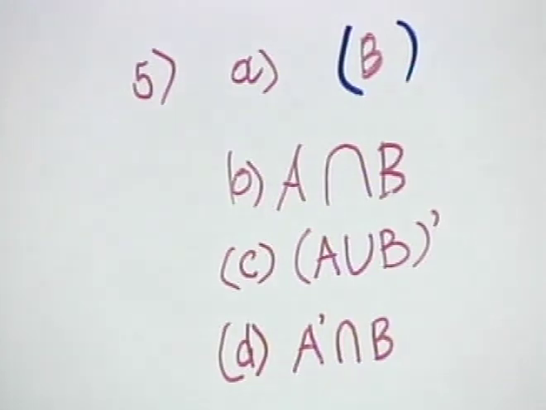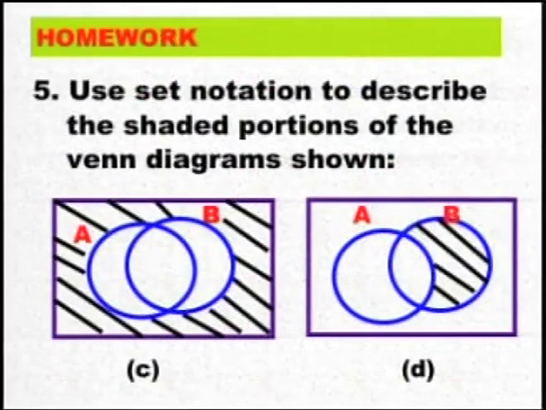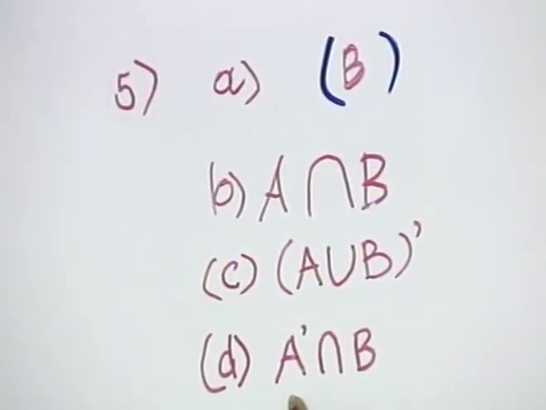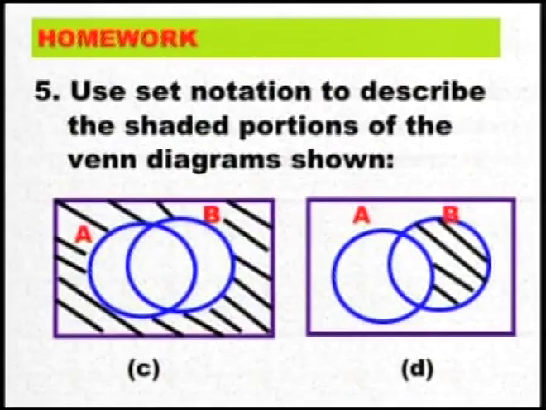Letter C, the complement of A union B. So removing all the sets for A and B, yes. Letter D, the complement of A intersection B. Is that correct?